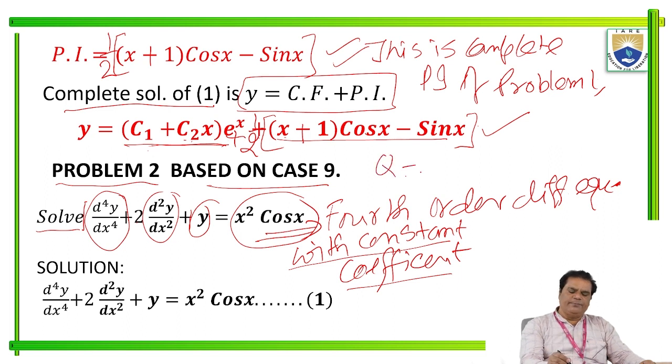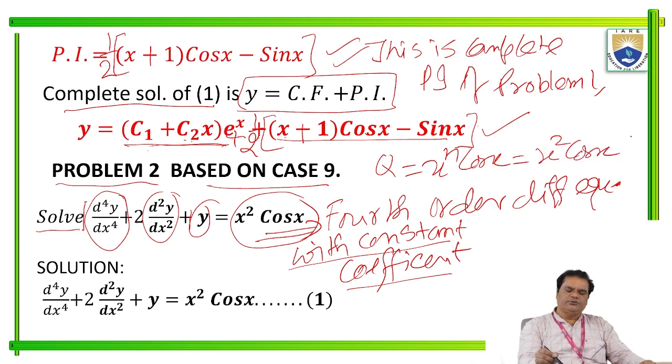We have taken Q equal to x to the power n and cos x, but this is equal to x square cos x. So here n is 2 and a is 1.